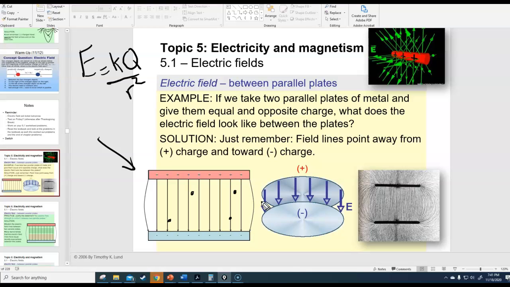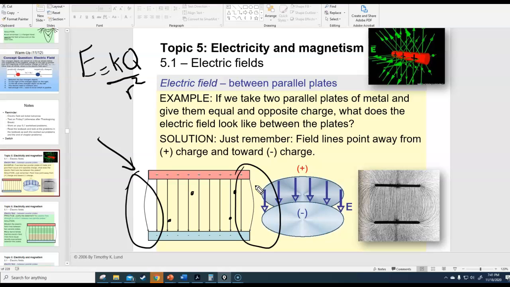Okay, now there is one exception to that. Notice that at the edge you have what's called edge effects. I kind of think of this situation as like an electric field sandwich, where at the ends the electric field starts to spill out.